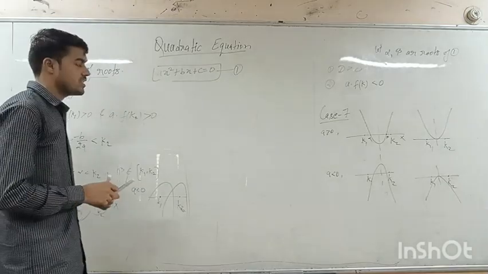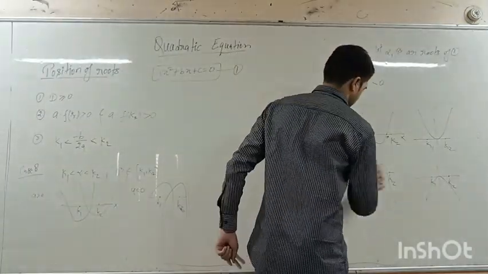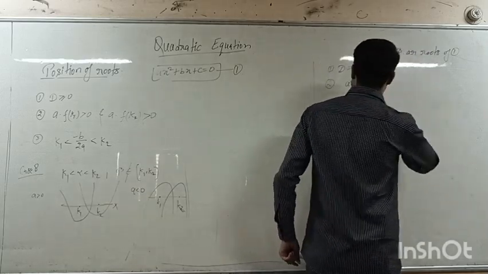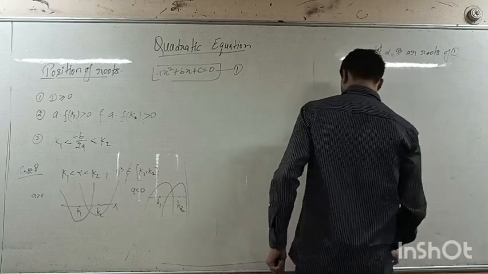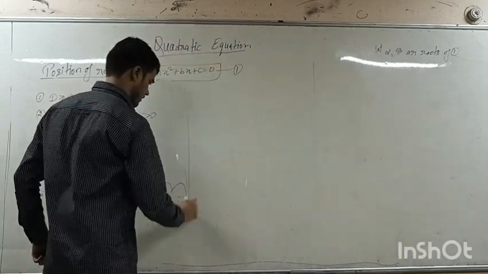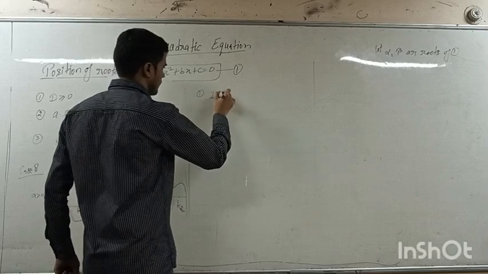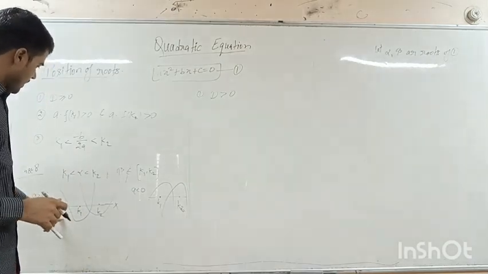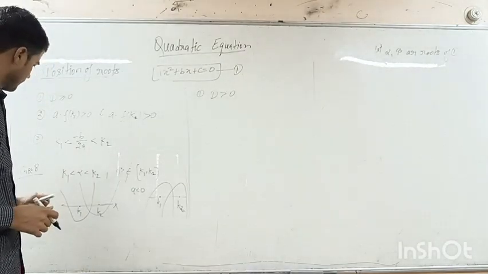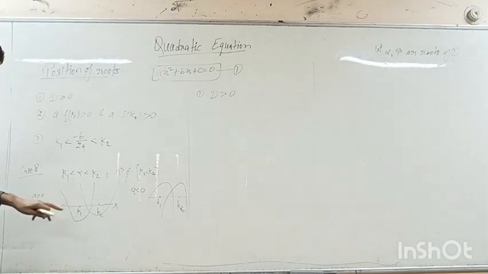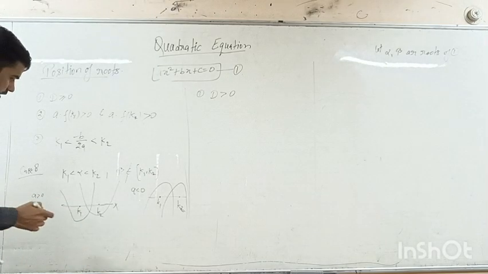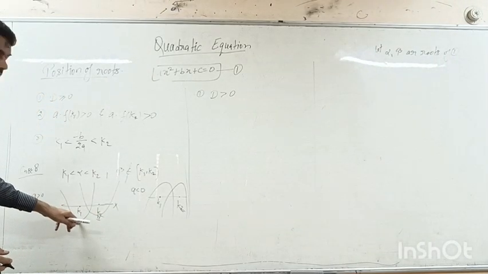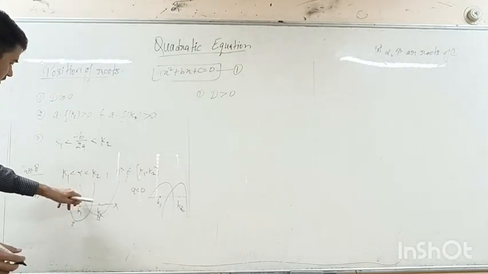So what can we say from here? First thing is d is strictly greater than 0, because alpha and beta are different. So when a is greater than 0, in this graph, this is first and this is second, here f(k1) is negative, but in this graph f(k1) is positive.